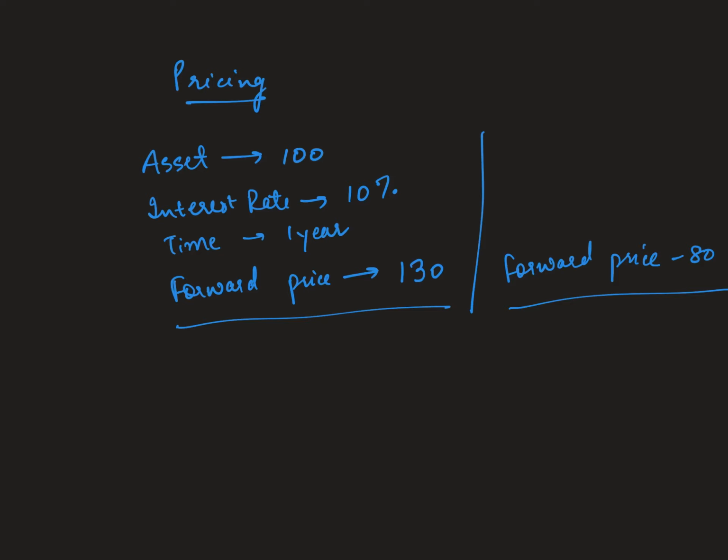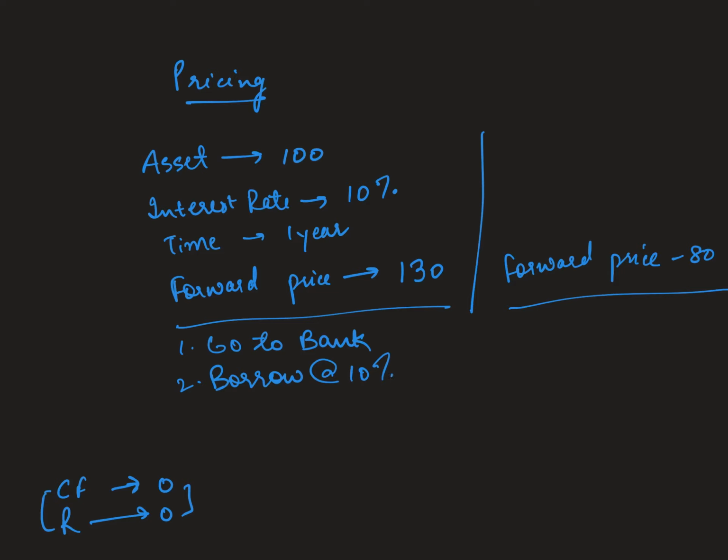Whenever you're doing an arbitrage, your cash flow should be zero, your risk should be zero. Your risk has to be set off and your cash flow has to be zero. You're not paying anything out of your pocket. So you go to the bank, you borrow $100 at 10% for a year.